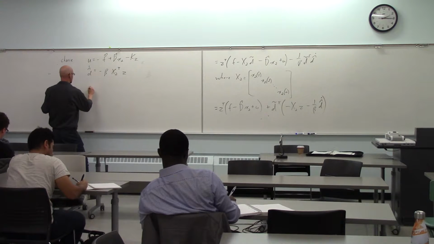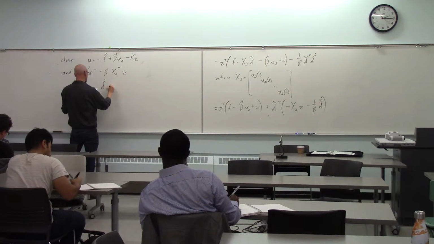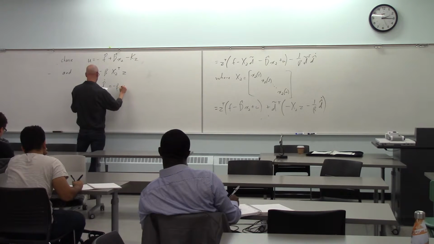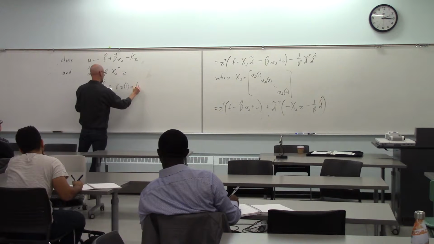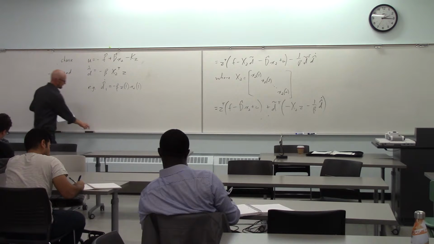Just for example, my first one, d hat 1 dot, would be equal to negative beta z1 times x2 1.